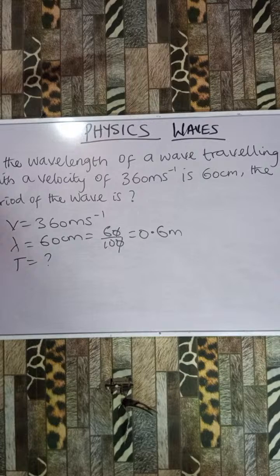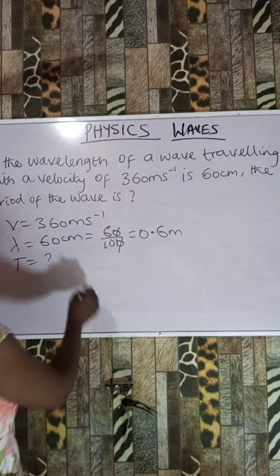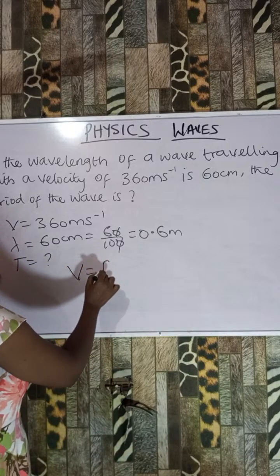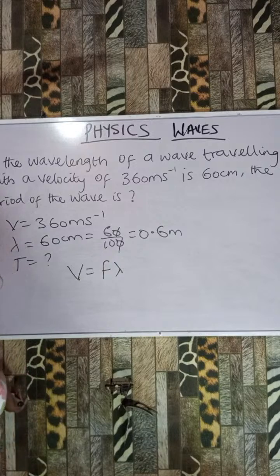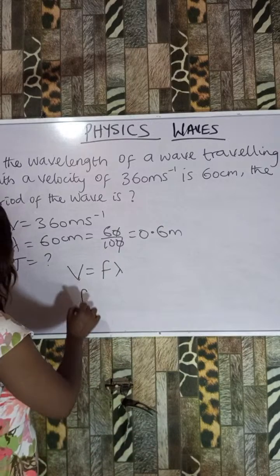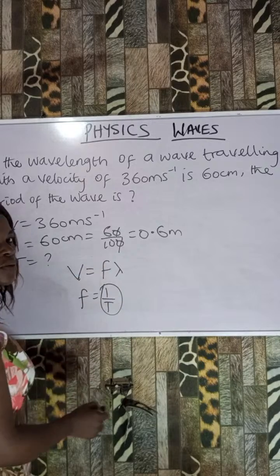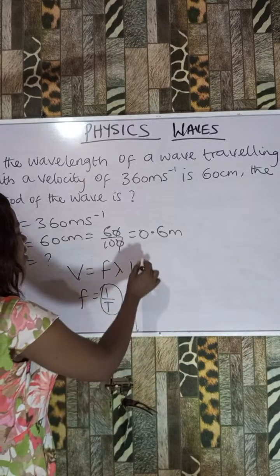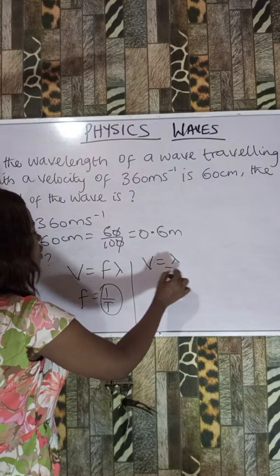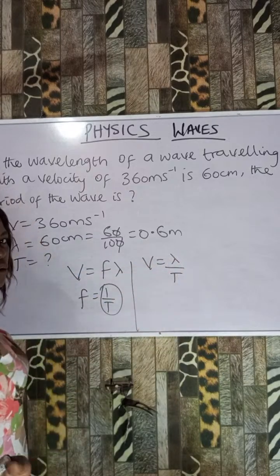Okay. Now we cannot find the period without looking for the frequency, because both of them have a relationship. So knowing that V is equal to F lambda, but because F is equal to 1 over T, we can still substitute it into this equation to have that V is equal to lambda over T, right? It is still correct.